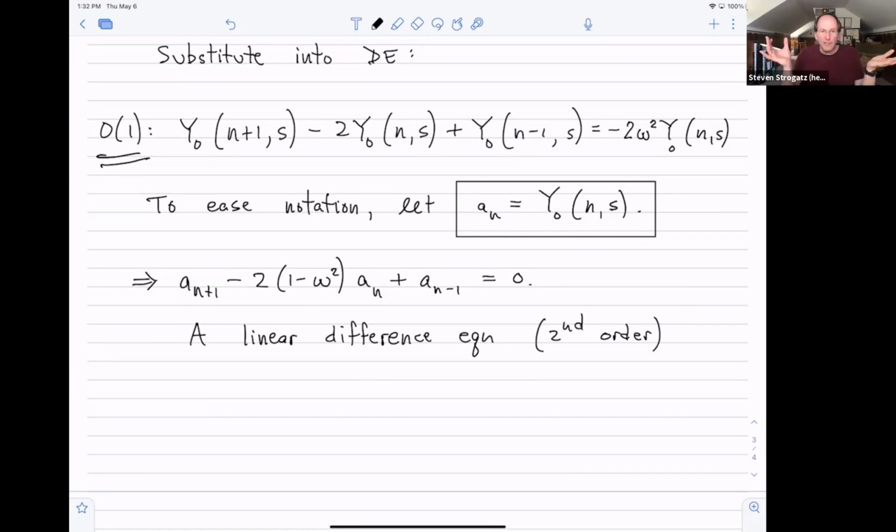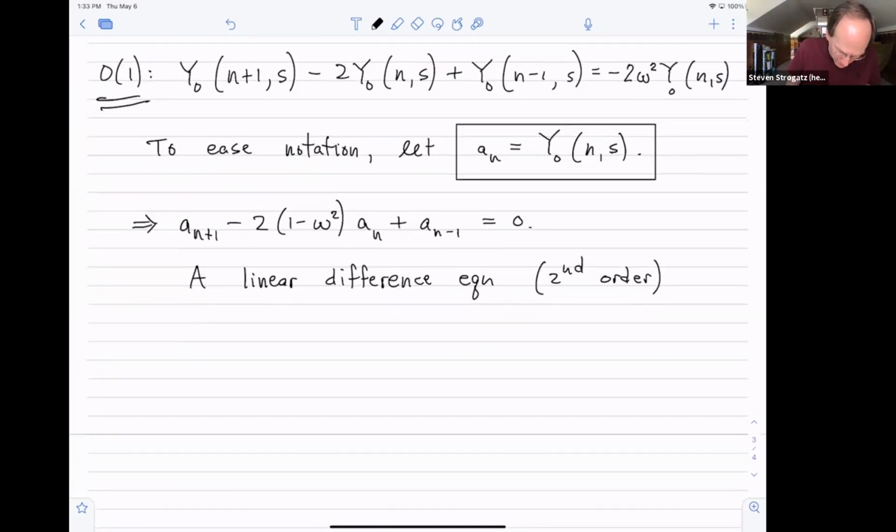We're getting a linear equation, just like when we do perturbation theory, we get linear differential equations at each order. We're getting now a linear difference equation at this first order. And you're supposed to know how to solve linear difference equations with constant coefficients, just like you're supposed to know how to solve linear differential equations with constant coefficients. But since these aren't so familiar to many of us, let me just walk through that.